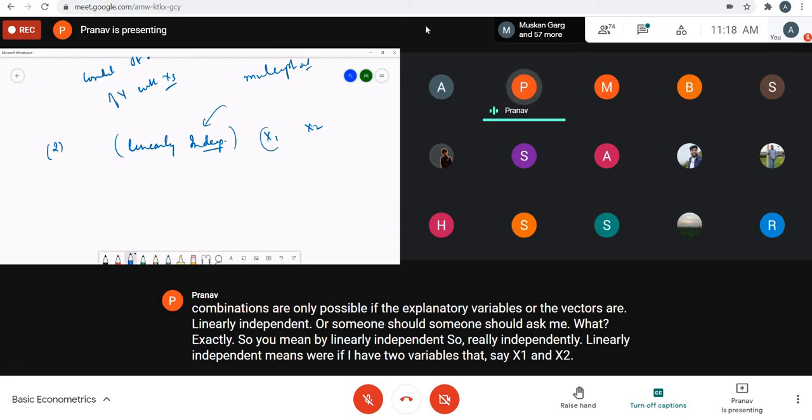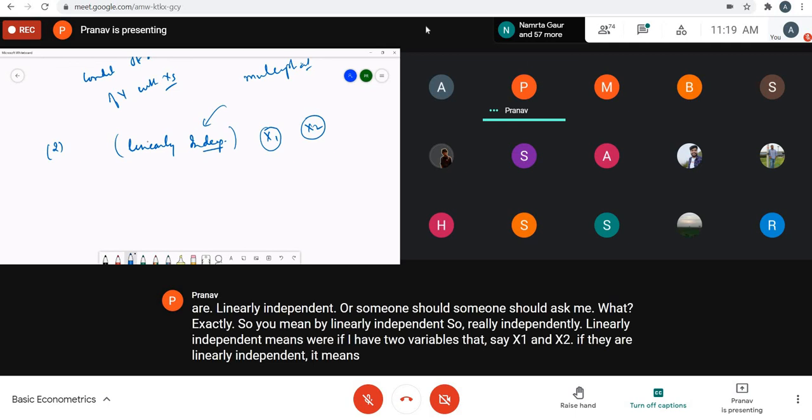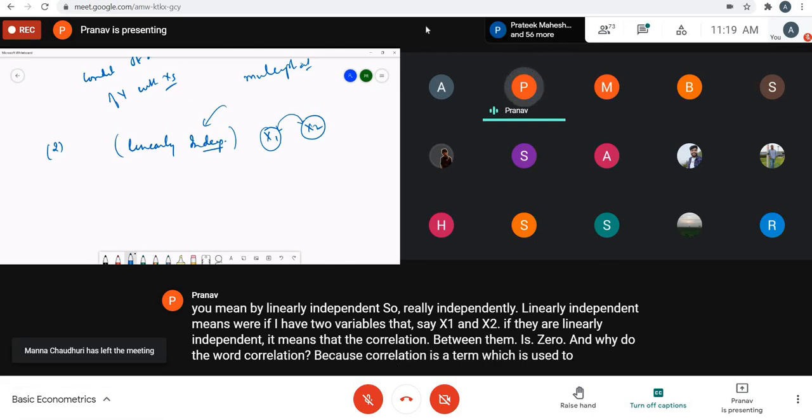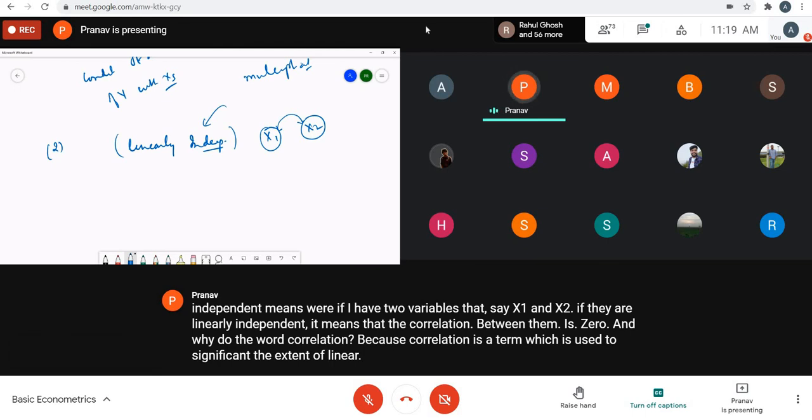if they are linearly independent, it means that the correlation between them is zero. And mind you, I am using the word correlation because correlation is a term which is used to signify the extent of linear associationship between two variables.